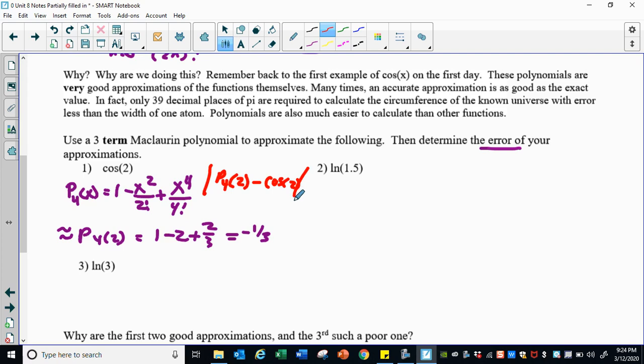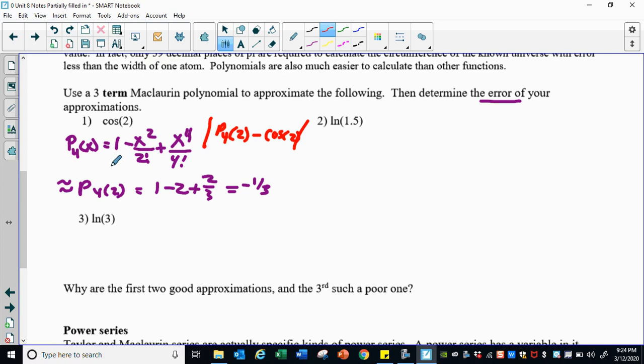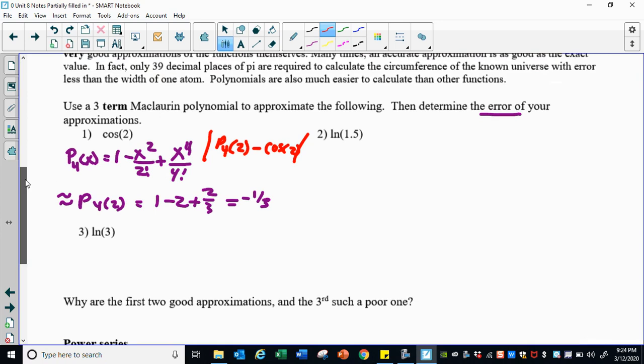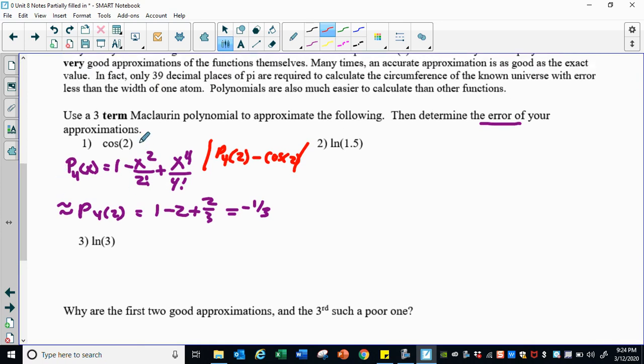Actually, I don't have a calculator because I'm not prepared. But if you did that, you can get the error, and it's actually pretty darn close. So this is kind of getting to the question of when are these accurate, when are these not accurate.